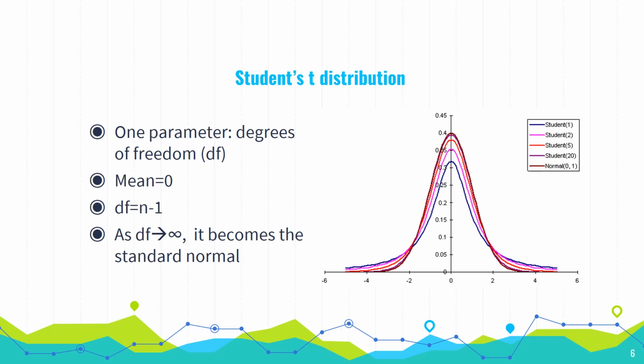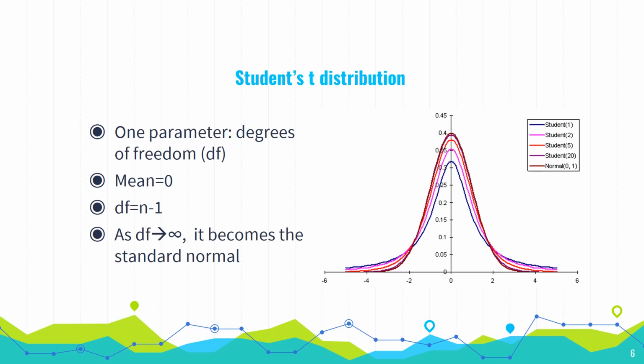You can see that with 1 degree of freedom, the peak in the middle is rather low and the tails are rather high. And as the degrees of freedom increases, the peak raises and the tails shrink until finally you get to the standard normal curve.